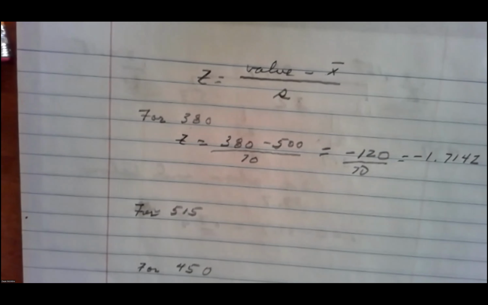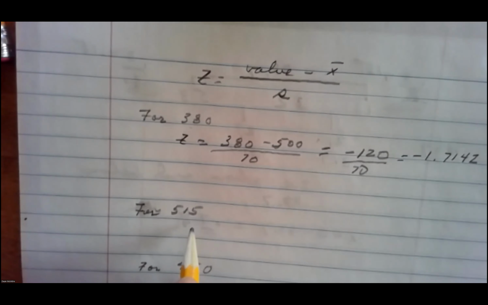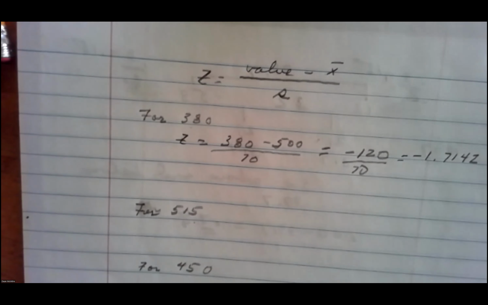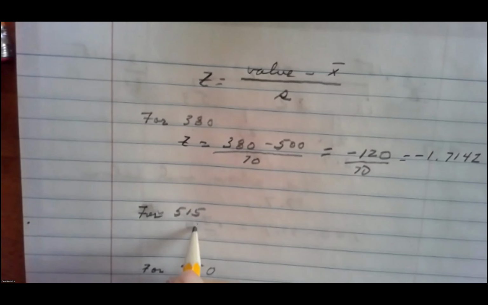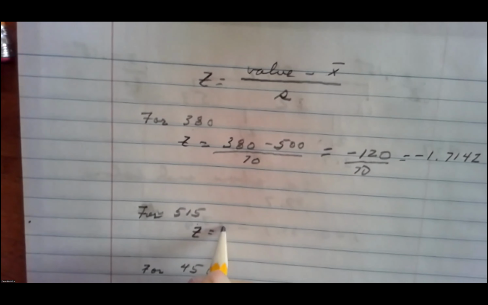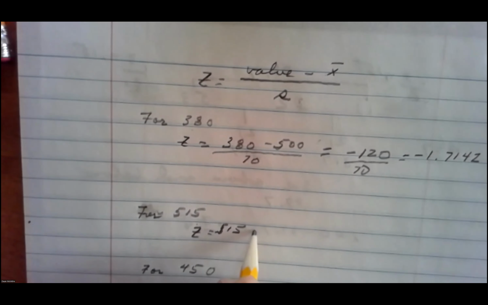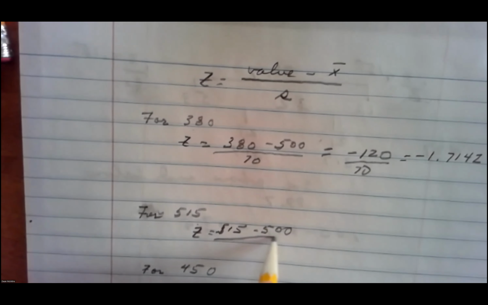We don't know when we'll round it, because I should have noticed how many places behind the decimal we were supposed to have. But anyway, Z is equal to 515 minus 500 all over 70.